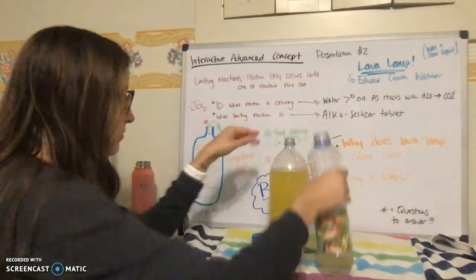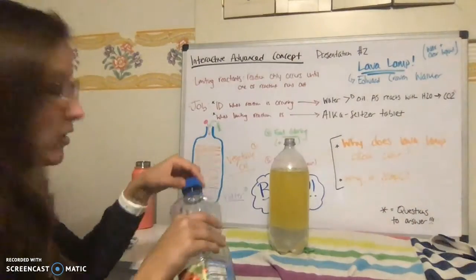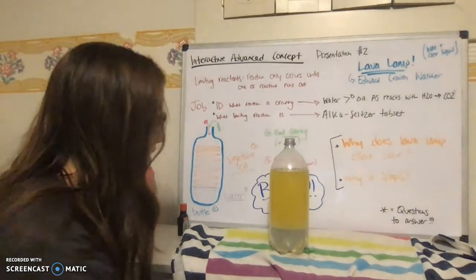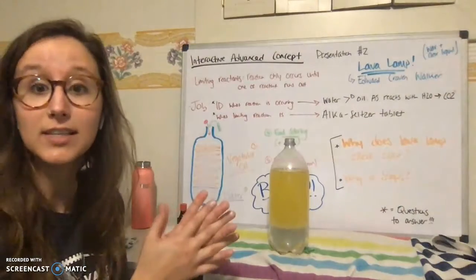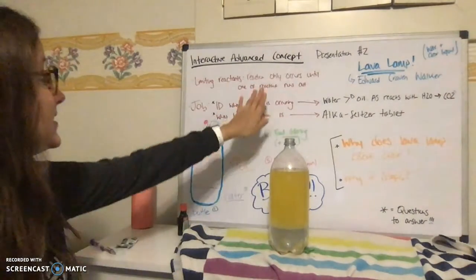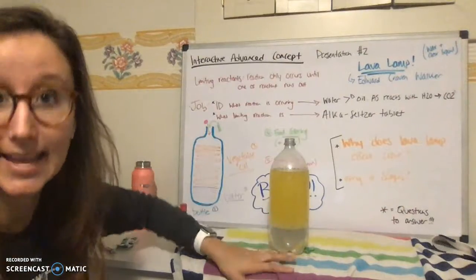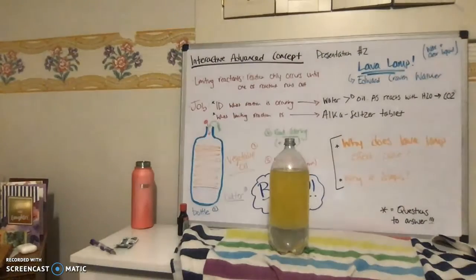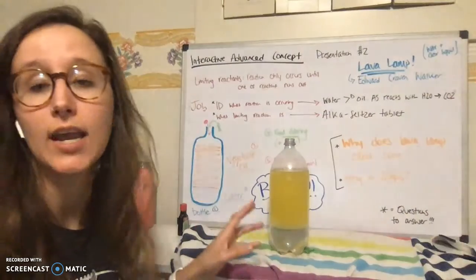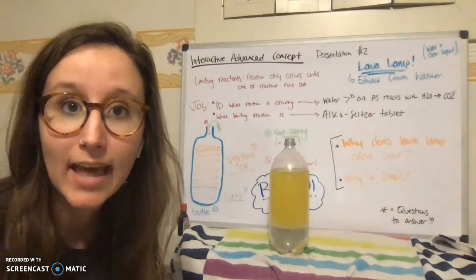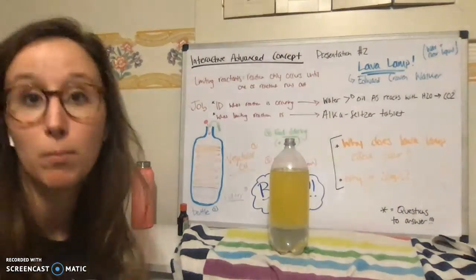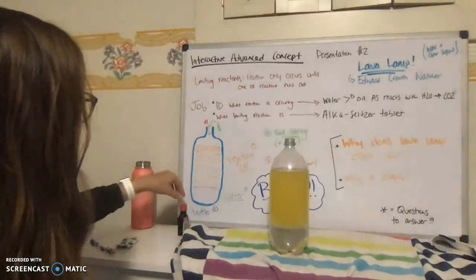We won't fill it all the way, so we have a little spare room for adding the Alka-Seltzer tablets. As you can see, they are distinctly separated. That is because, as this says, water is more dense than oil. The molecules in our water are more closely packed together than those in oil, which makes them more dense.